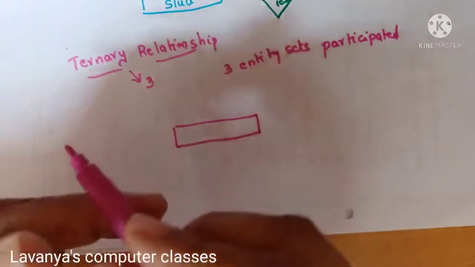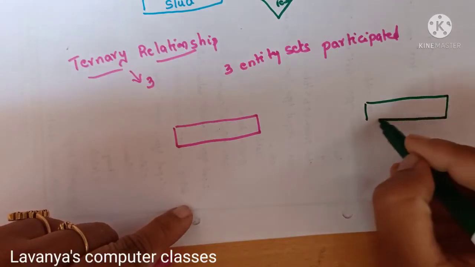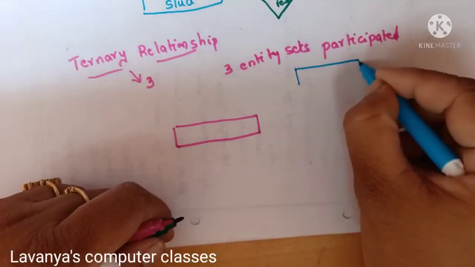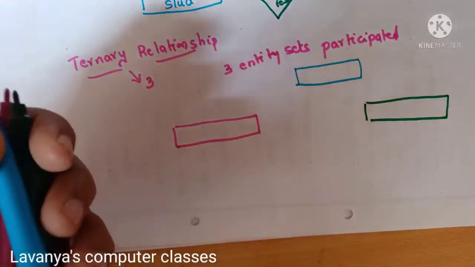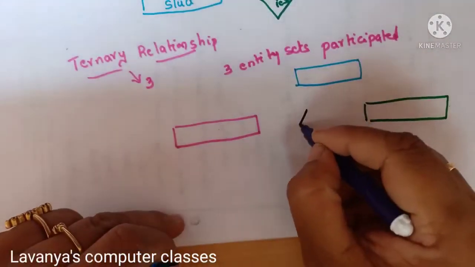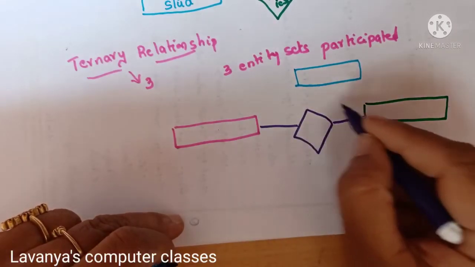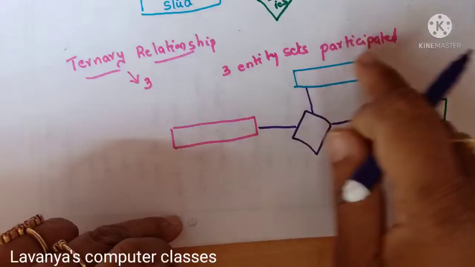This is the entity set, a rectangle box, second entity set, and third entity set. These three entity sets are connected with one relation. The relation diagram is a rhombus. All three entity sets are connected with this relation. So this is called a ternary relationship.